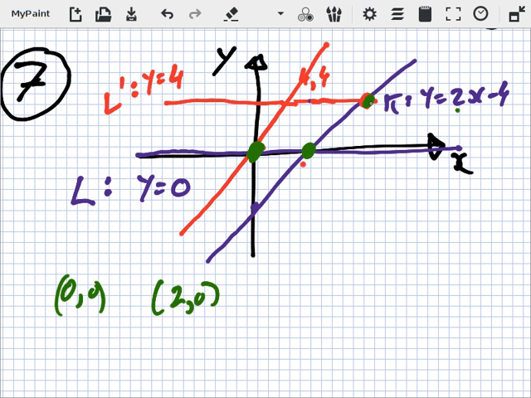This one we figured out is 4, 4. And this one here, well, look, this one is 2 units to the left of that one. So this one should also be 2 units to the left of that one. If it's 4, 4, then this one has to be 2, 4, because the height is still 4, but it's just moved to the left 2 units. So there's the 4 vertices of the parallelogram.